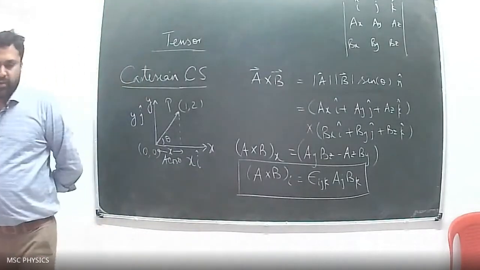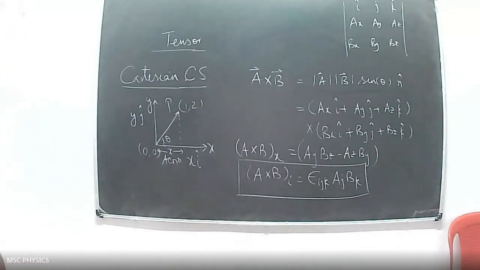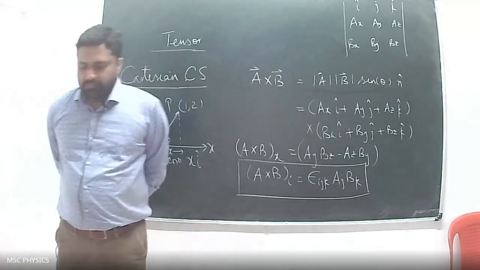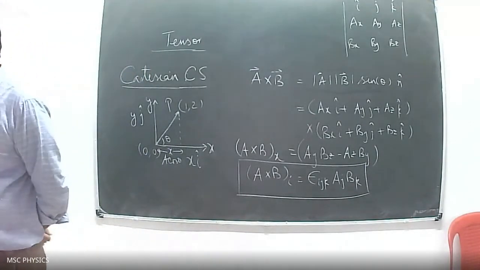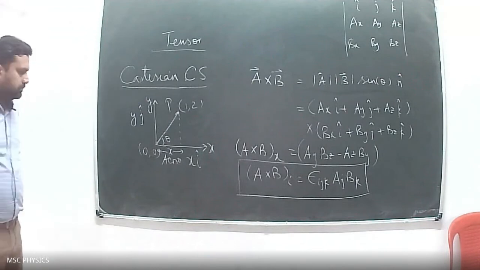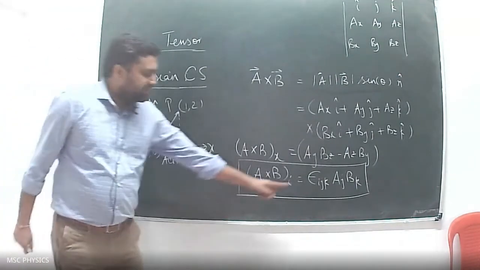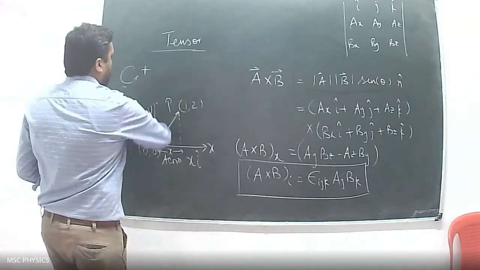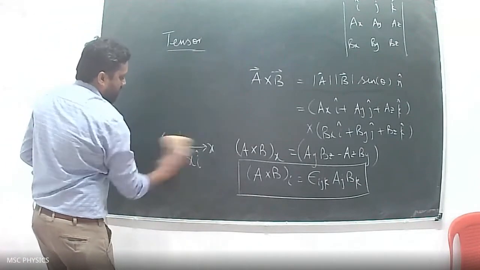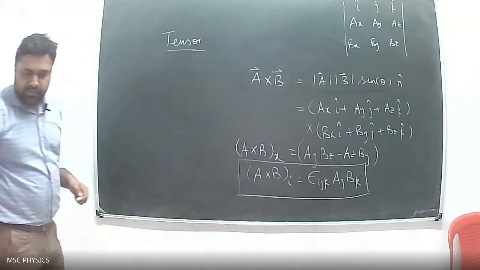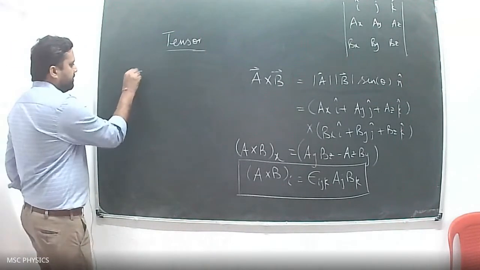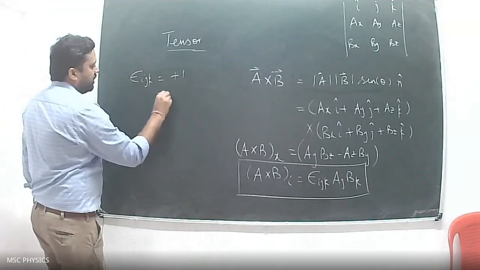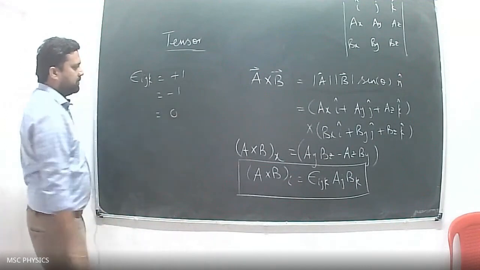This is the cross product in the indices form. This is known as the Levi-Civita symbol, and it has this property: epsilon ijk could be +1, it could be -1, or it could be 0.